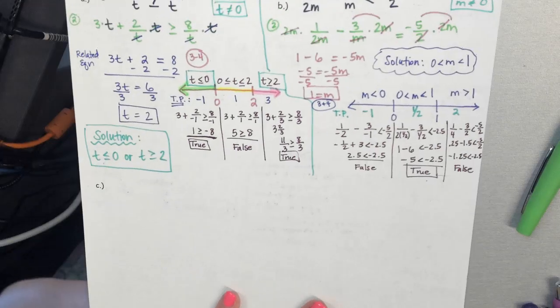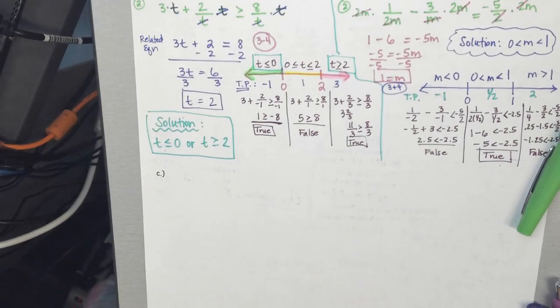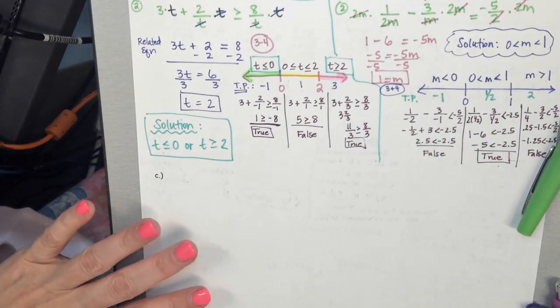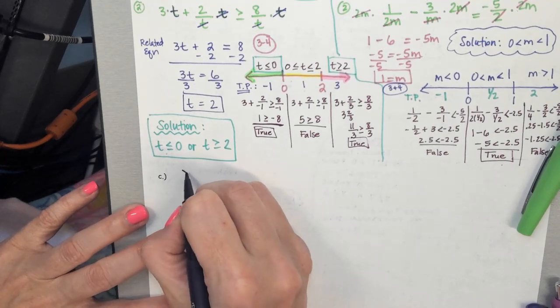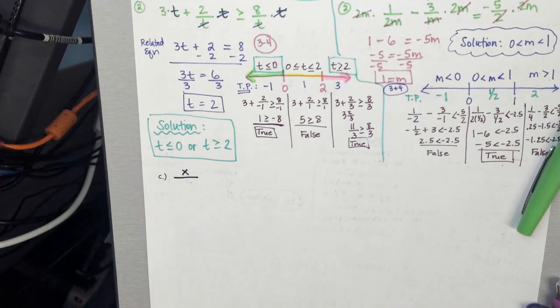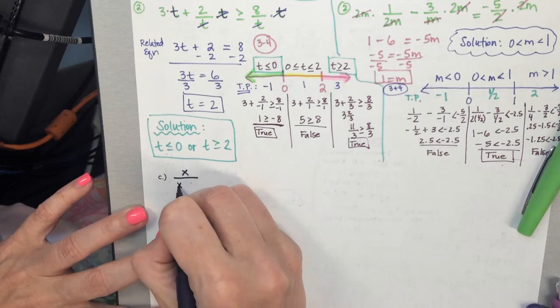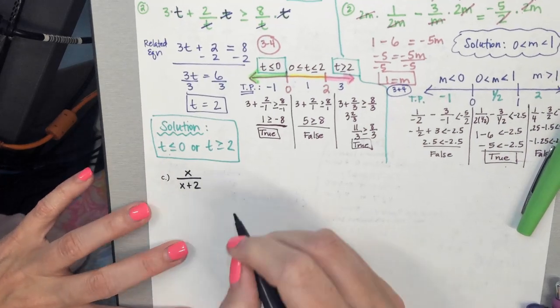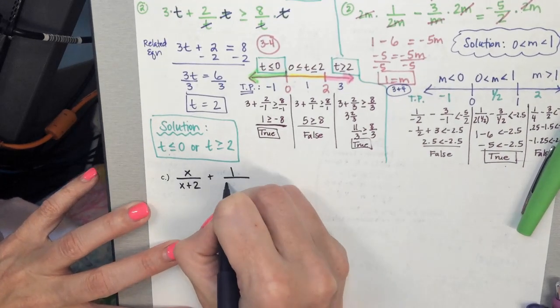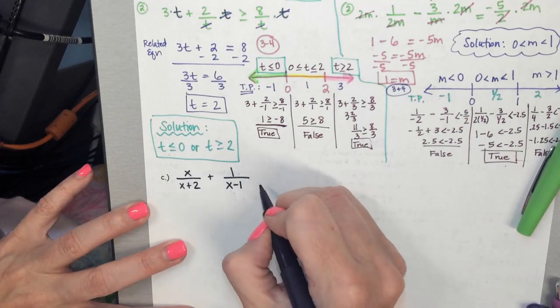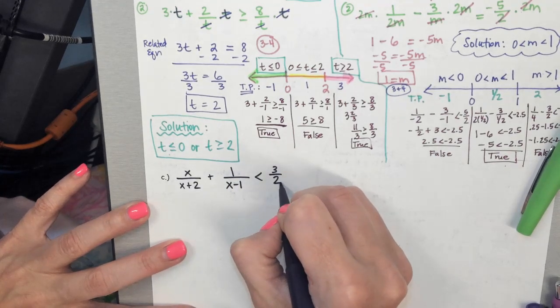All right, and then there's one more type that you could see. And that is going to be similar to x over x plus 2 plus 1 over x minus 1 is less than 3 over 2.